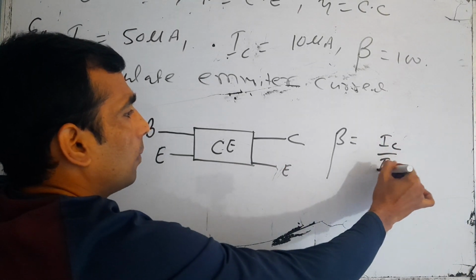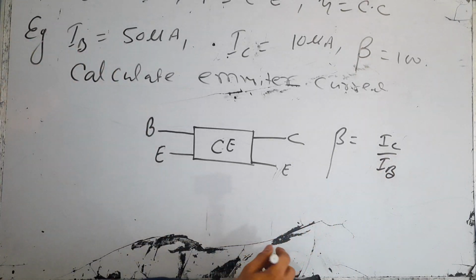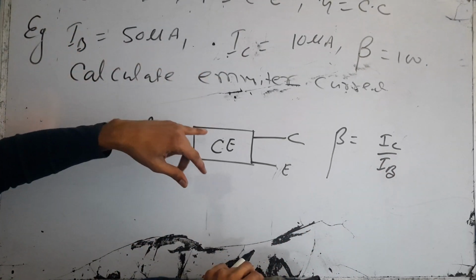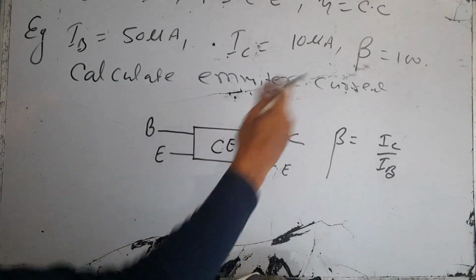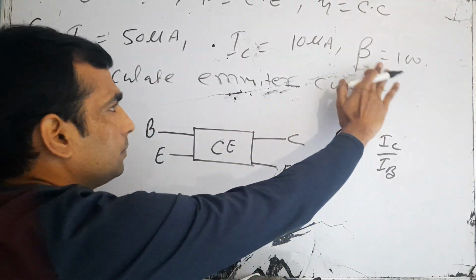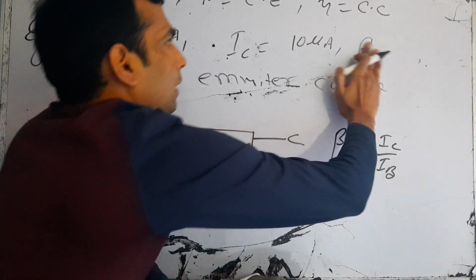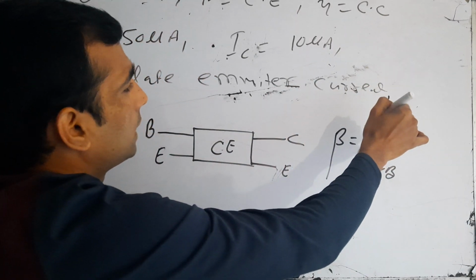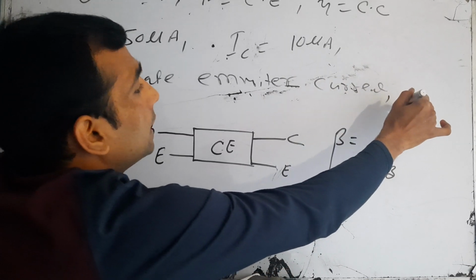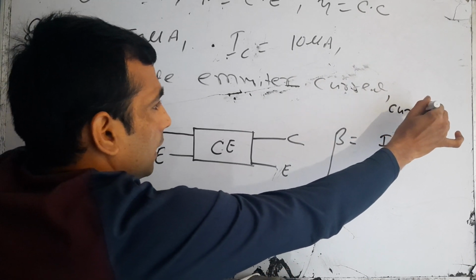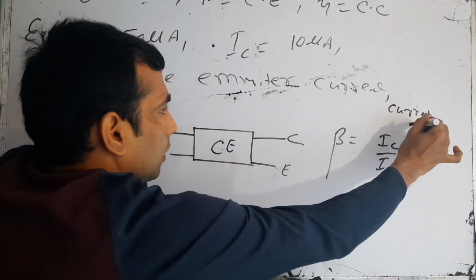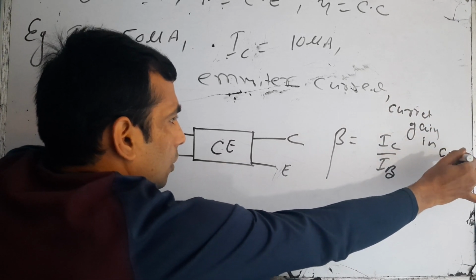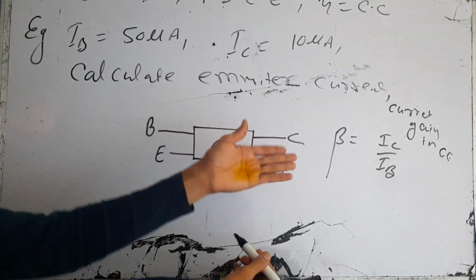IC and IB are given, so you can find beta. Occasionally you have to also find the emitter current as well as the current gain in common emitter.